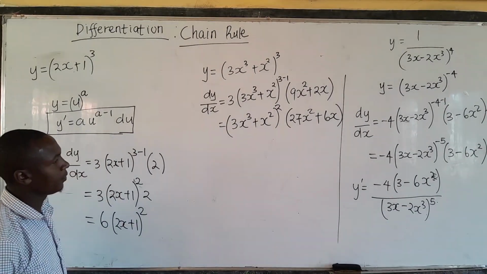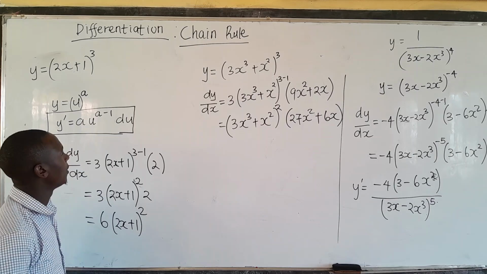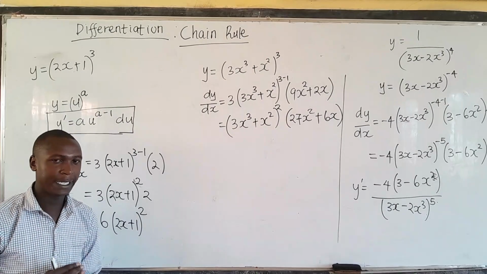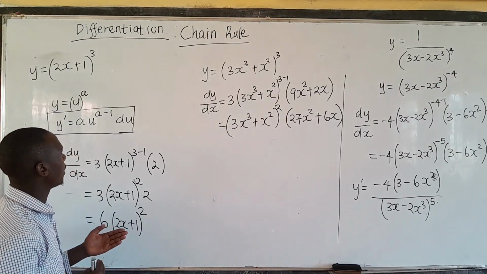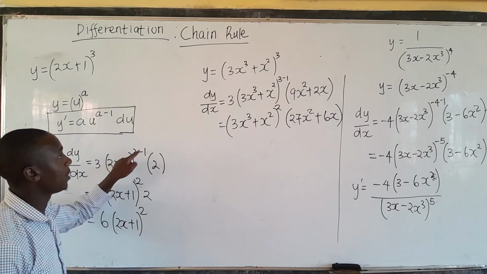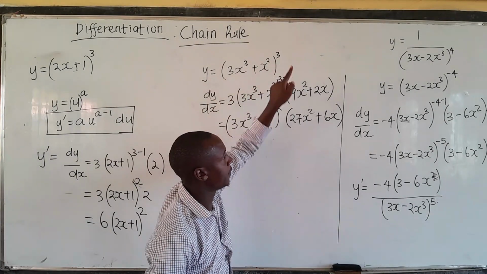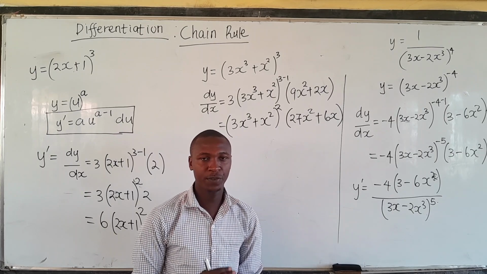Now, it looks very easy, but it's good to be very keen to make sure that you don't make a mistake, especially when it comes to these powers right here. Again, the procedure is very easy.